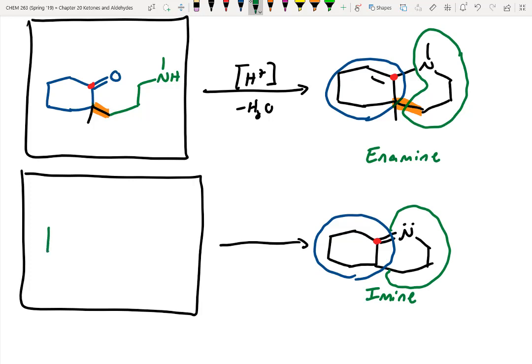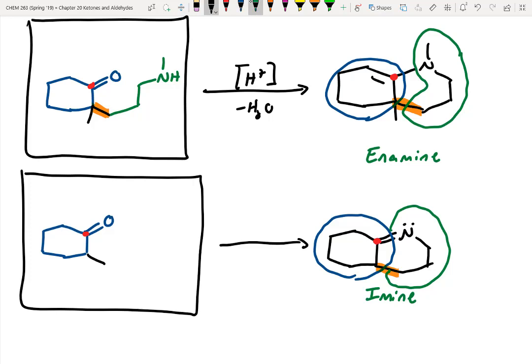So over here, let me color code it appropriately. Got the CO double bond. We've identified our red carbon. Over here, just like before, our ketone must have been linked to our amine. So I'll draw that with a black carbon-carbon bond.